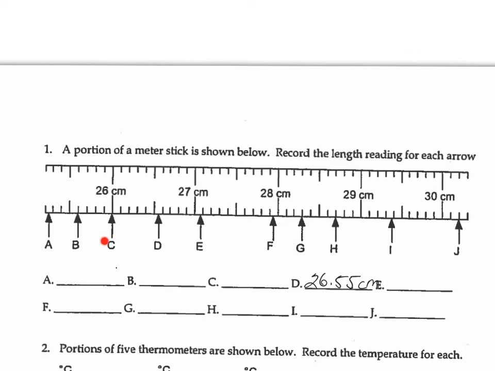I want to focus my attention now on C, because you might look at this and say, well, that's easy, that is just 26. And that's not entirely correct, because I know that this ruler can make measurements to the 100th of a centimeter. And it looks to me like that mark is right on the 26. But I need to write down this measurement to the 100ths place.